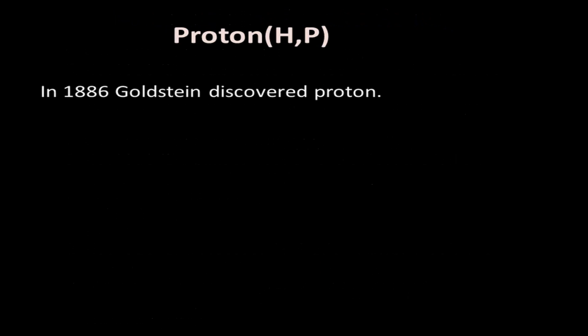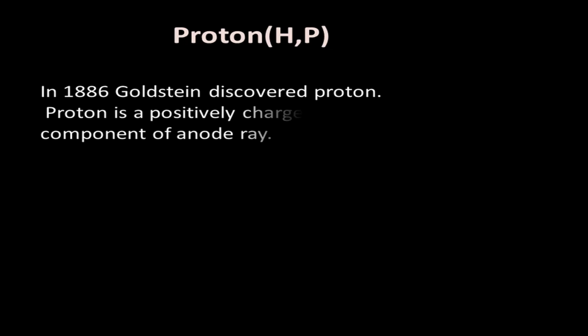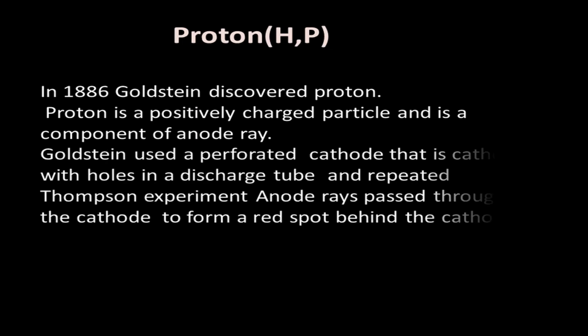Proton. In 1886, Goldstein discovered proton. Proton is a positively charged particle and is a component of anode ray. Goldstein used a perforated cathode, that is, cathode with holes, in a discharge tube and repeated Thomson's experiments.